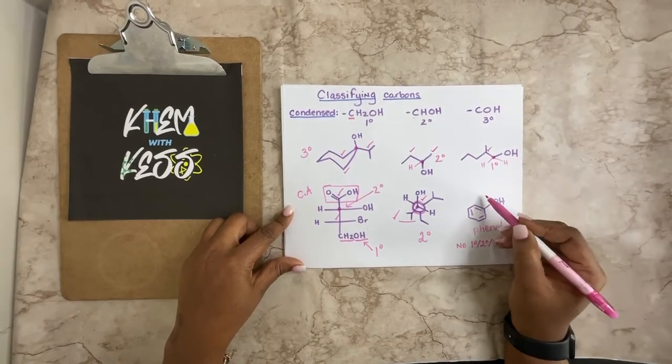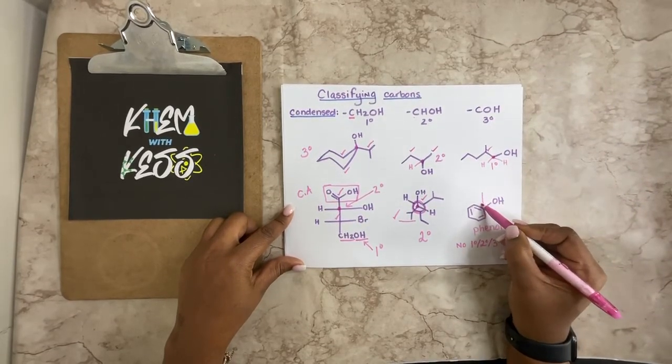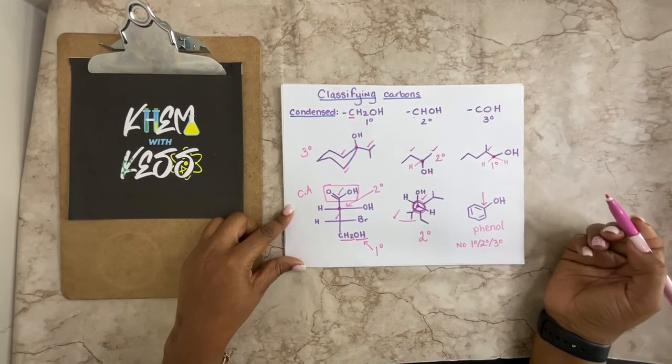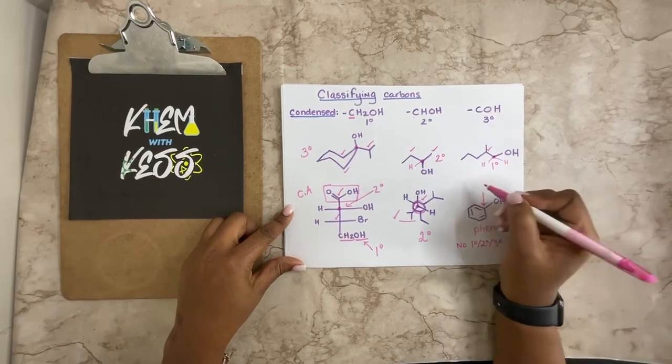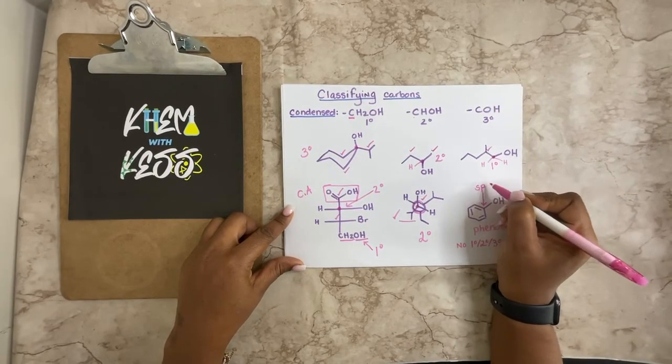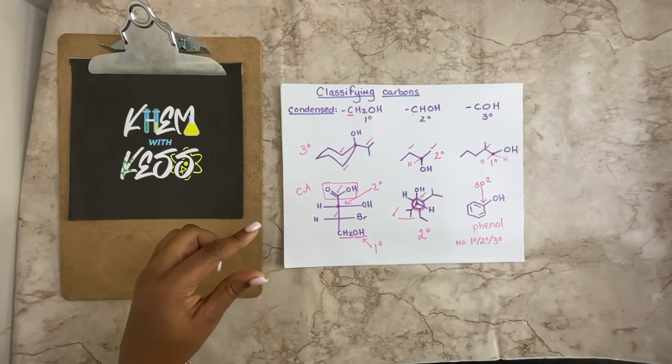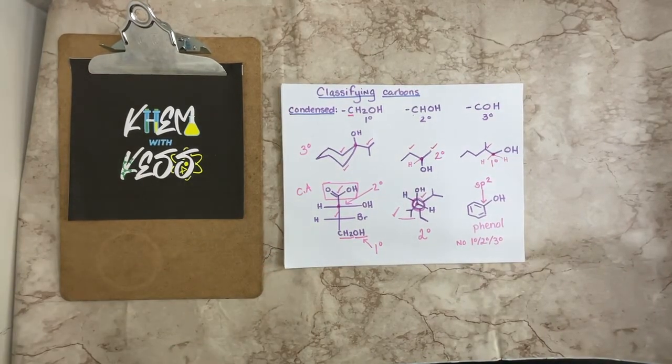So remember, what are double bonds classified as? sp, sp2, or sp3? Yep, you're right. Well, hopefully you said that. sp2. So that concludes just the recognition of alcohols, phenols, enols, and how to classify them.